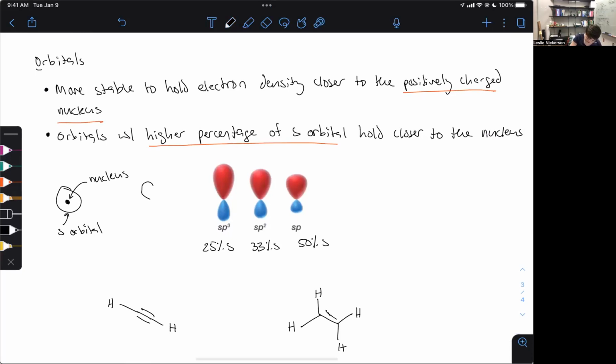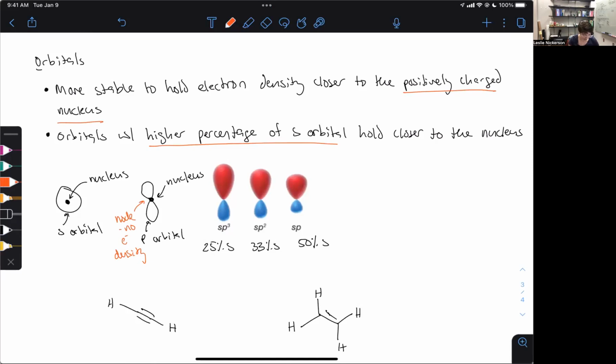A p orbital, though, is more this shape, and there's actually no electron density right at the nucleus. There's actually a node at that point, so there's no electron density here. So the way to get electron density closer to the nucleus is to have more s.